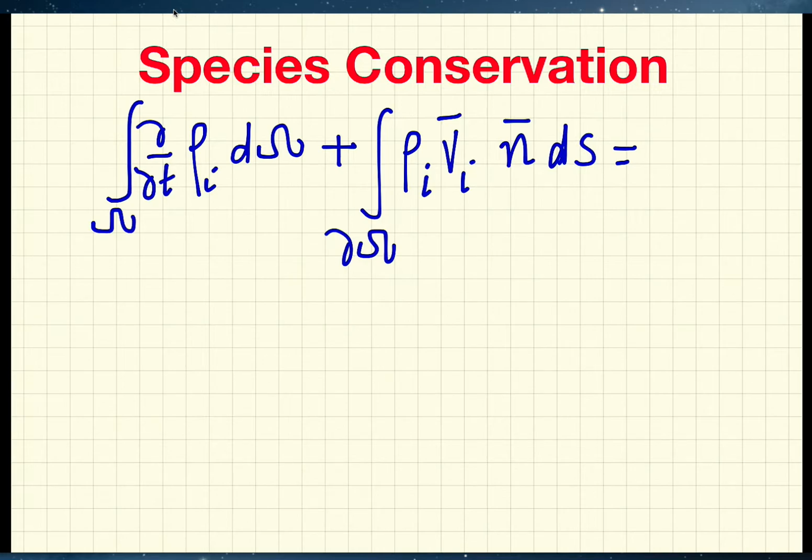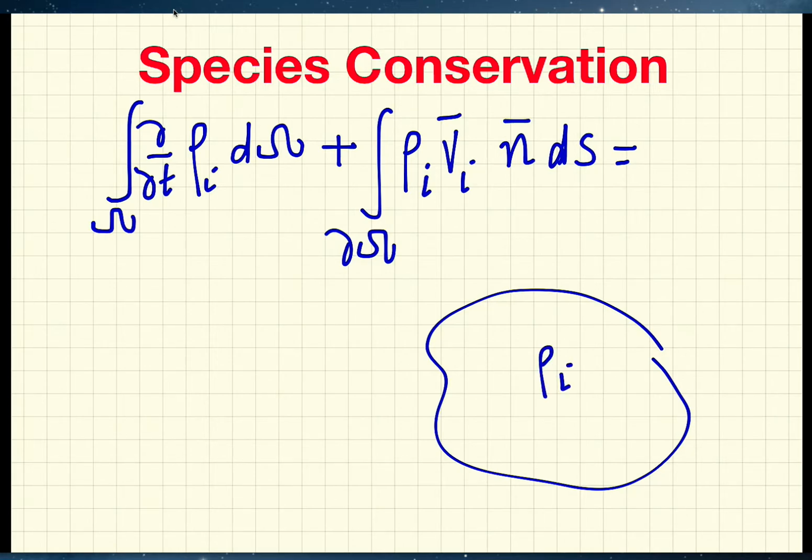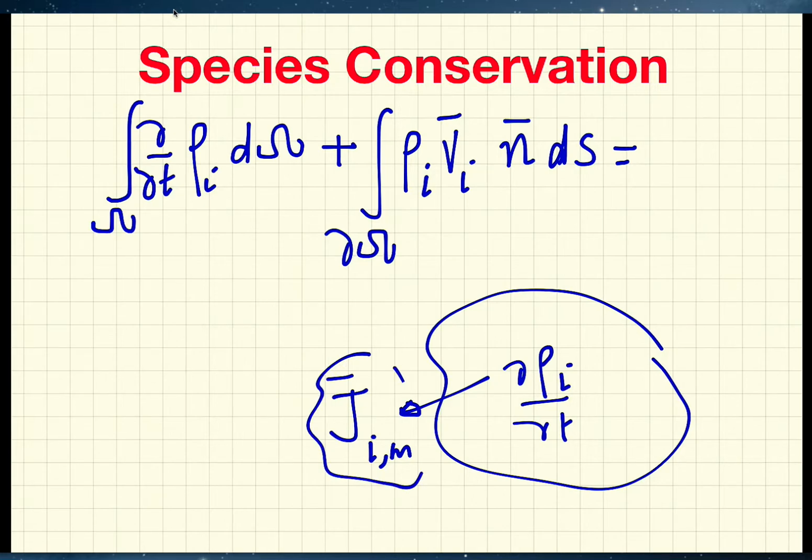So as we know, we have now a boundary, and we have rho sub I inside, and then we also have j sub I that is a mass flux that is crossing. So the rate of change of rho by dt and the mass flux, if we just account for the areas and the volumes, that total rate of change should be equal to whatever is produced inside that volume.